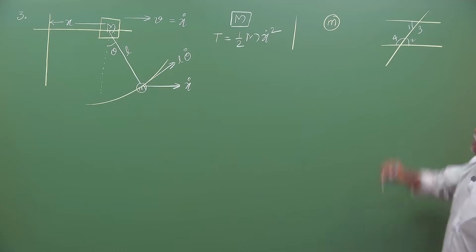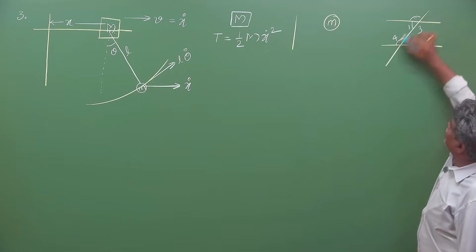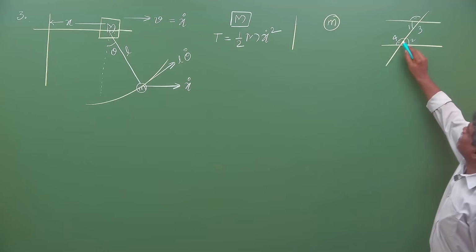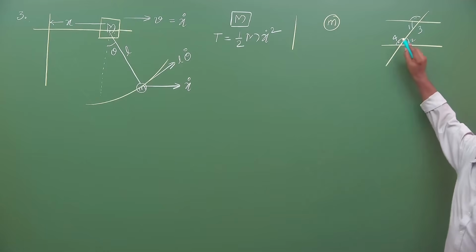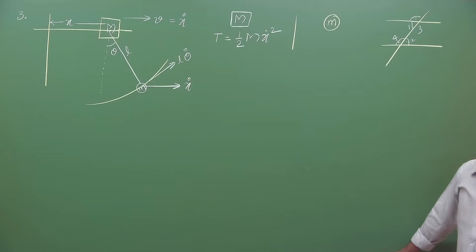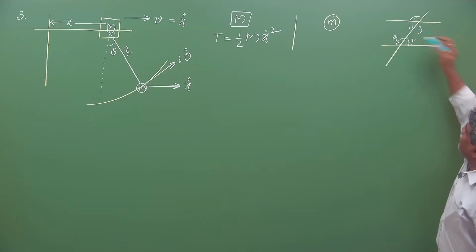Okay? Next, does anybody know what this and this are? Corresponding angles. Does anybody know what these two angles are? Linear pair, whose sum equals 180. Anyhow, here we want alternate angles.